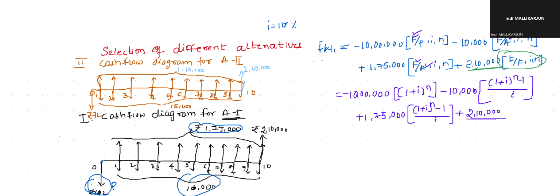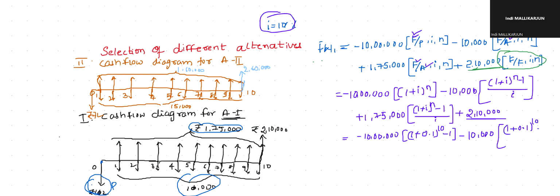We are calculating using the future worth method. See here, this is minus 10 lakh. 1 plus i, where i is our rate of interest, that is 10%, which means 0.1. Power n, n means useful life, 10 years, minus 1. Minus 10,000 into 1 plus 0.1 power 10 minus 1 divided by 0.1.